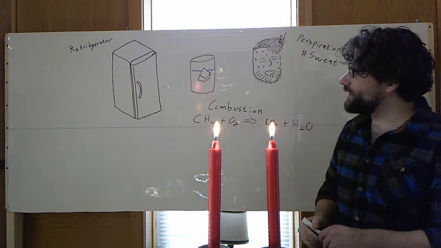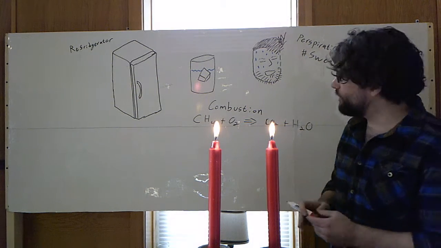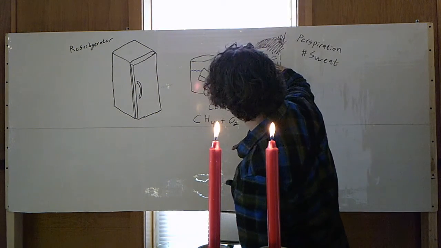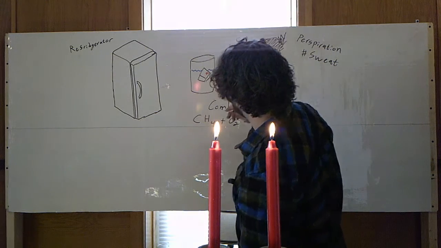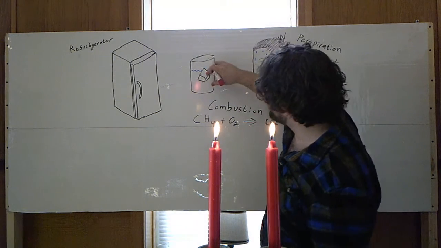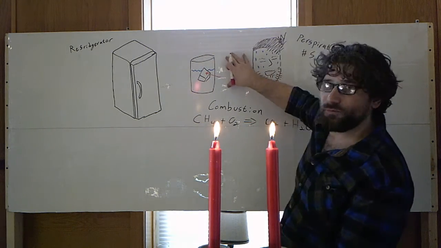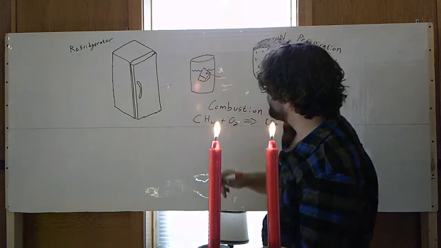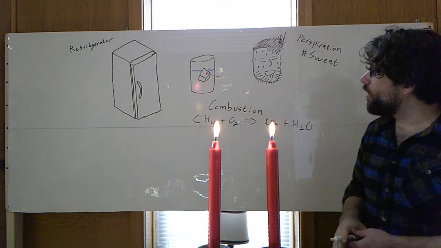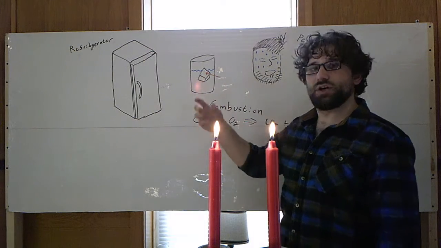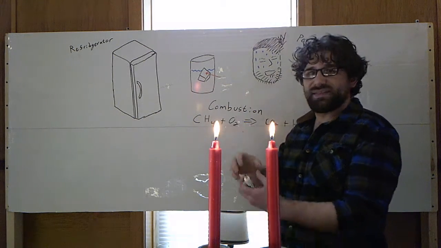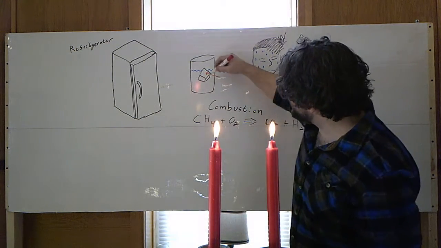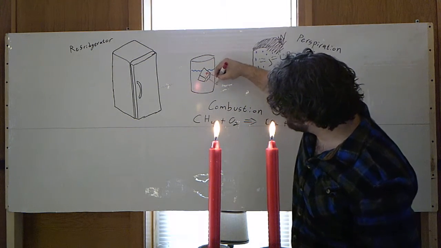So this one let's look at. Which direction is the energy flowing? Well, the energy is flowing into the ice cube. It's warmer outside and it's colder inside. So the energy is going to flow from the warm to the cold. So when we think about why can't the ice cube get colder and the water around it get warmer at the same time, that would mean energy is continuing to leave the ice cube.